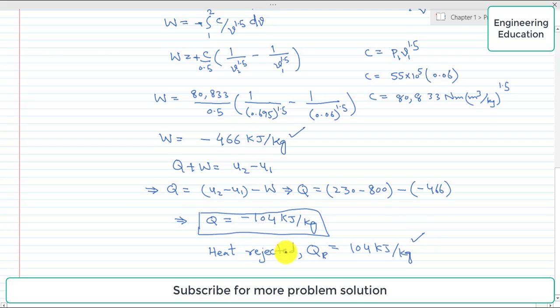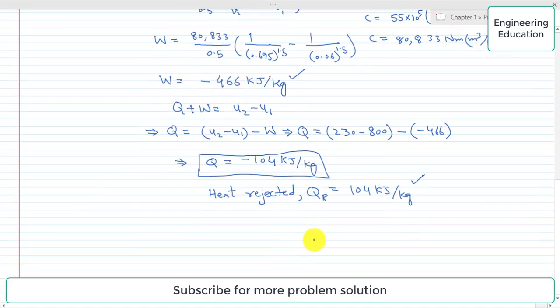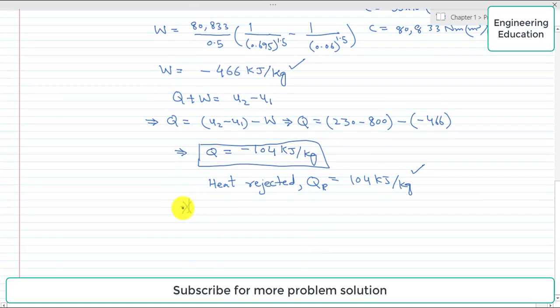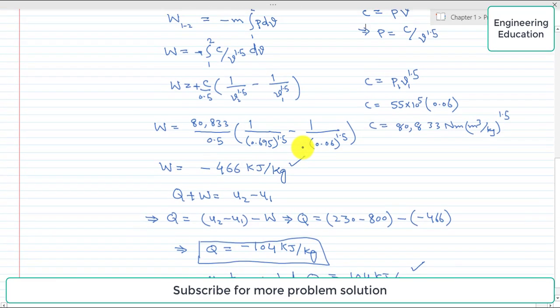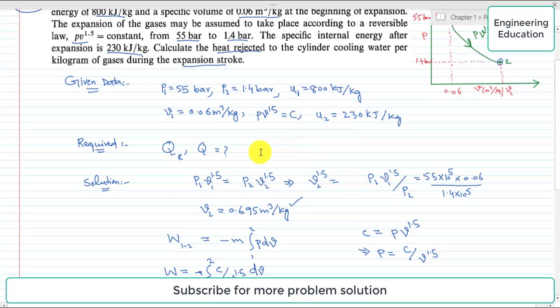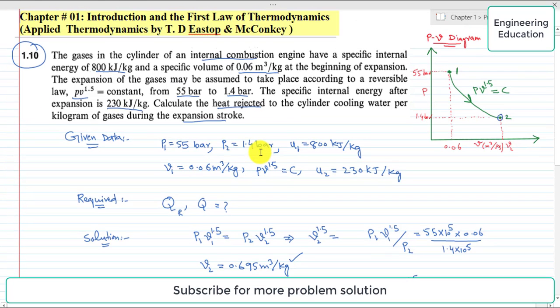When we mention heat rejection or heat rejected, it will be written as positive, and if we don't disclose that it is heat rejected and only use the simple Q, there will be a minus sign with the value. So this is the required heat rejected in this problem. This is the solution of problem 1.10.